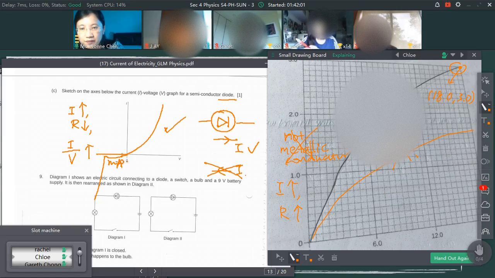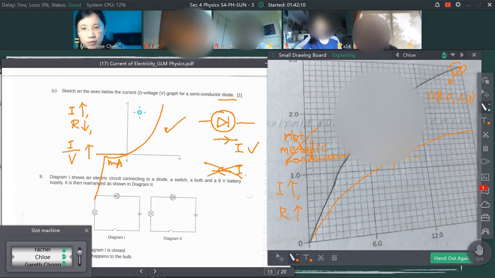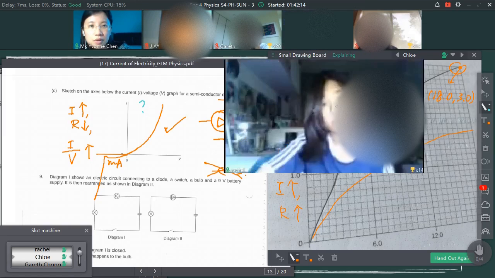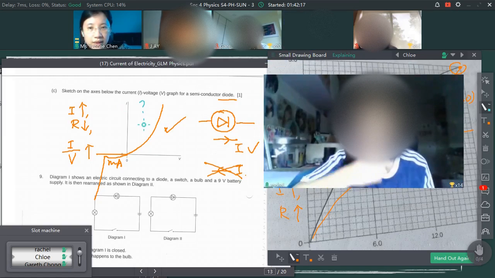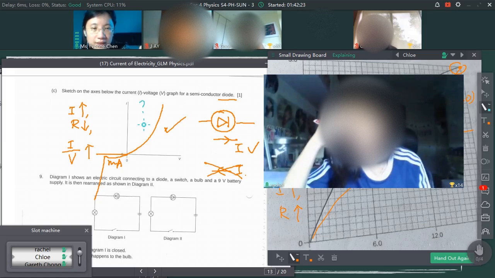Okay, the device breakdown. So for this region, class, what's the name for it? Rachel, do you remember what we call this region? The choice is forward bias or reverse bias.